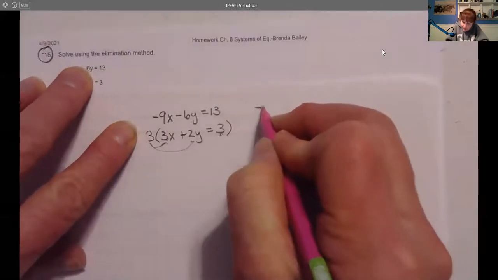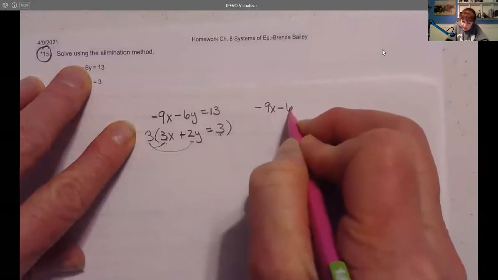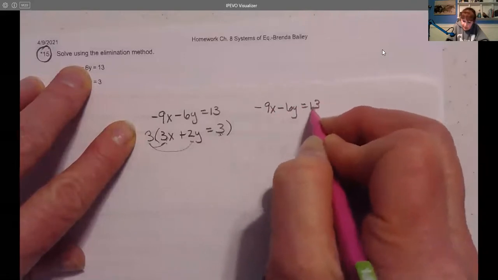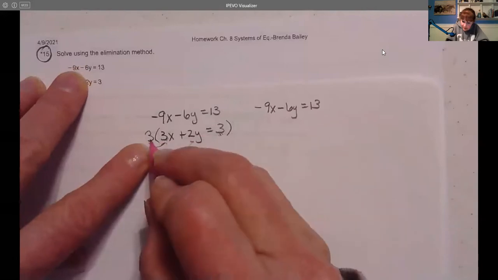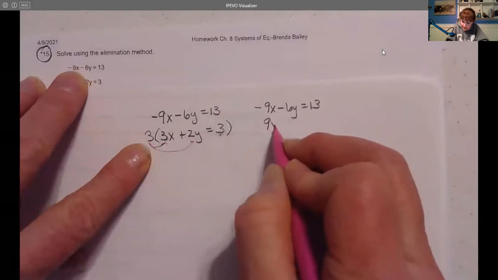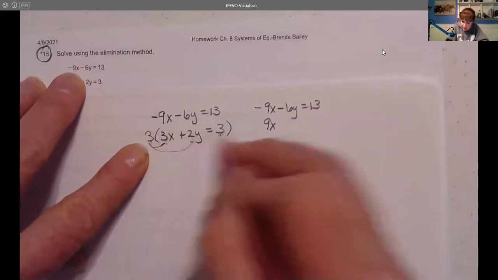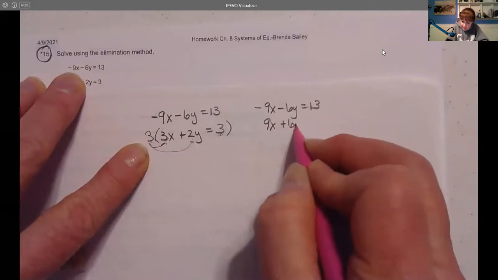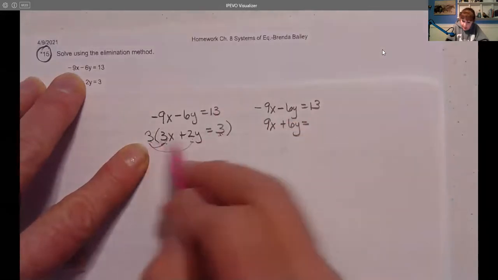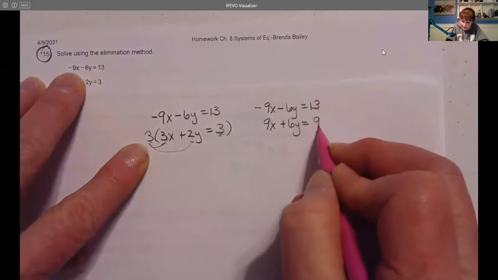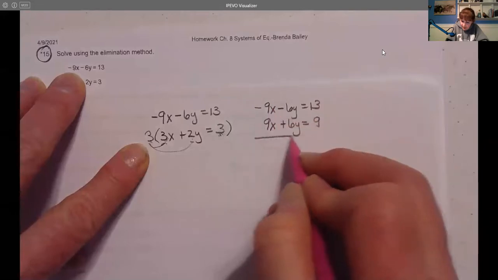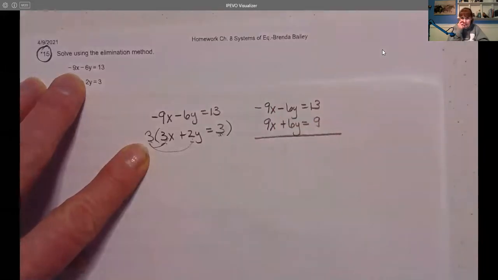You've got to multiply that by the 3. So the top equation is going to stay, and we're going to practice this idea in some other problems. This is 3 times 3 is 9x. 3 times 2 is 6y. 3 times 3 is 9. Now these will drop out. But what happens?